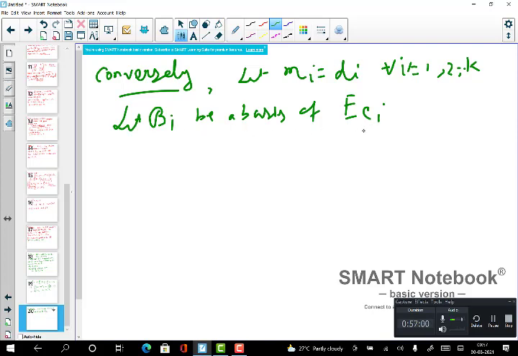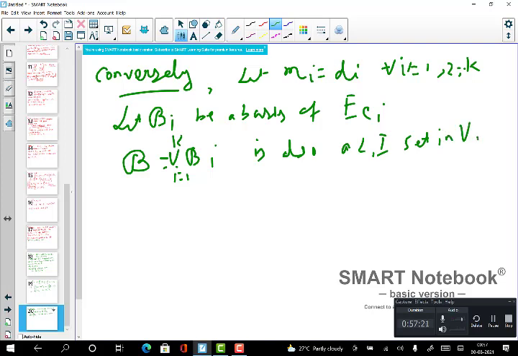Now, if this is a basis, this is also linearly independent, and we just proved in the previous proposition that the union of these Bi, i equal to 1 to k, is also a linearly independent set inside V, because each of the Bi's is linearly independent inside E_Ci. So the whole thing is linearly independent. Now, the question is whether this is a basis.